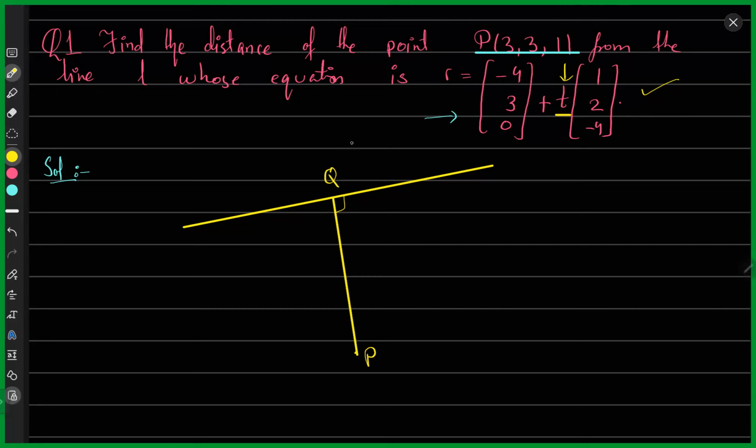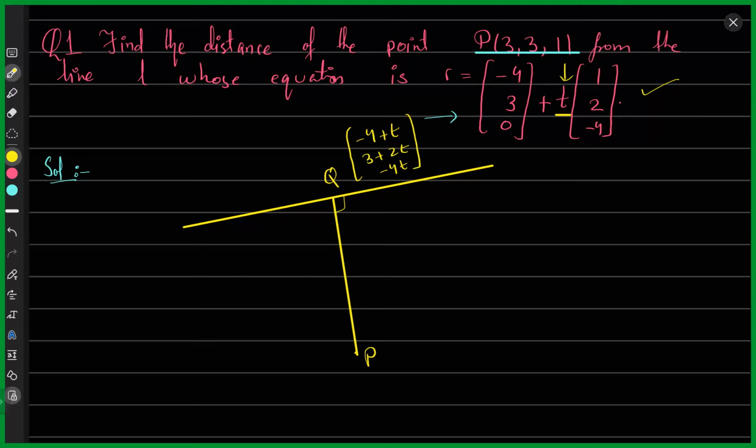So Q has coordinates (-4 + t, 3 + 2t, -4t). These are the coordinates of Q.